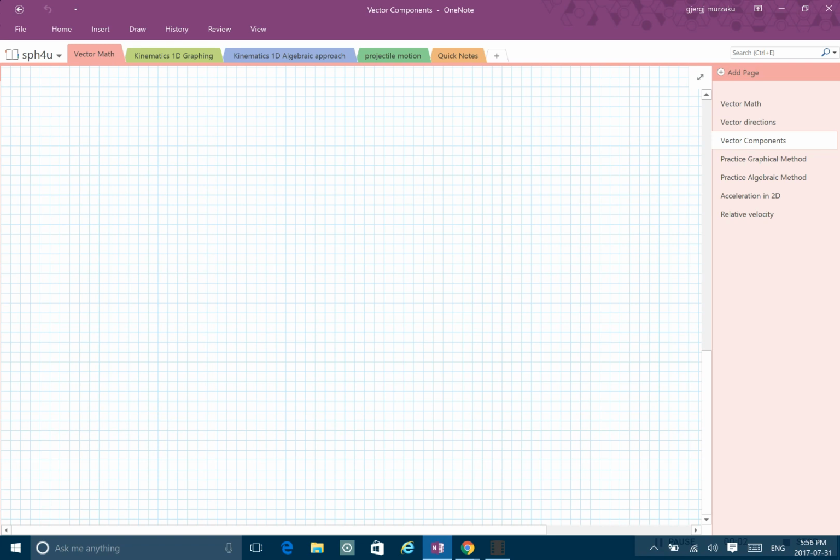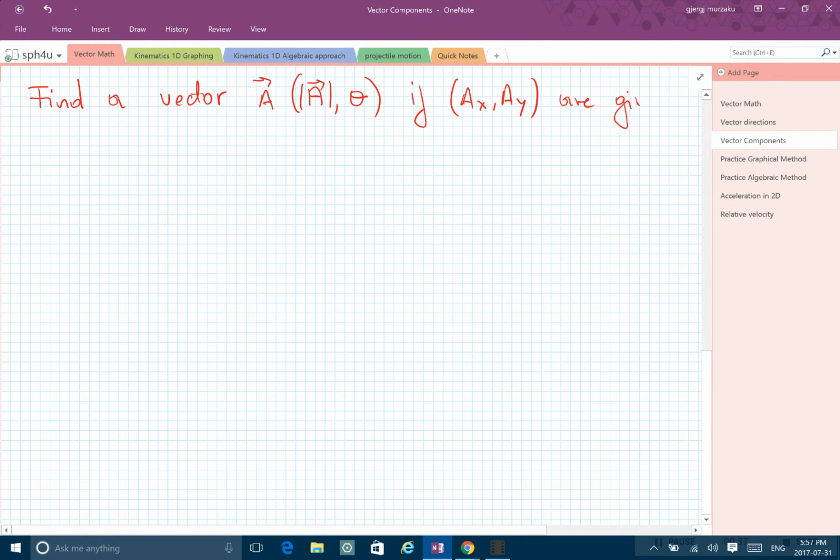So next step in vector components: how can we find a vector if we know the components? Our task here is to find a vector A, which means I need to find the magnitude and the direction of vector A if the components are given.